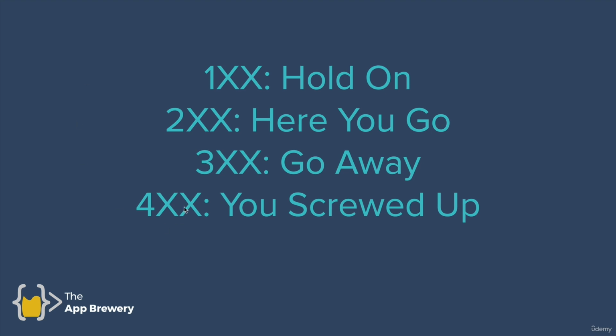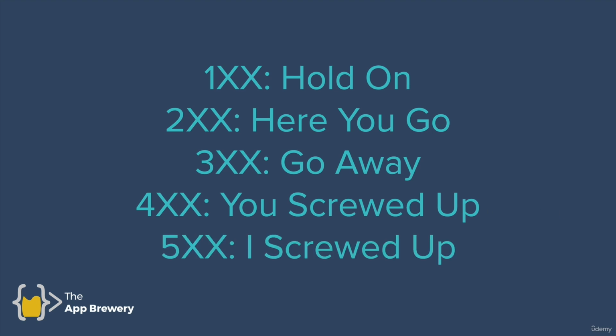Either it could be a 404, which means you screwed up and the thing you're looking for doesn't even exist. Or it could be 500 something, which means I, as in the server that you're making the request to, screwed up, and maybe the server is down, maybe the website is down, or maybe there's some other issue. So that's just a quick at-a-glance way of remembering what's happening when you're getting these response codes.